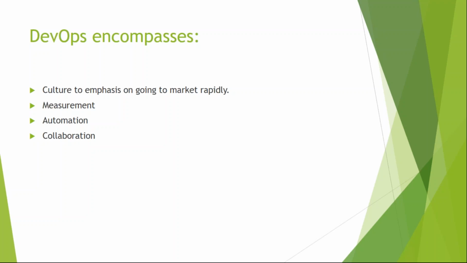Okay, second is measurement. Measurement of what you are delivering, measurement of culture, where we are going, understanding what we are actually doing. This is our second feature of DevOps. Third, very important, is automation. Automation of each and every task.